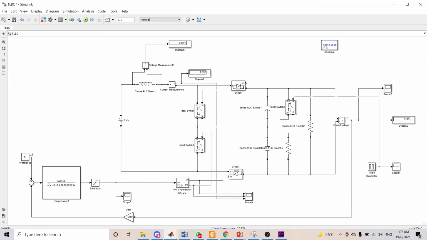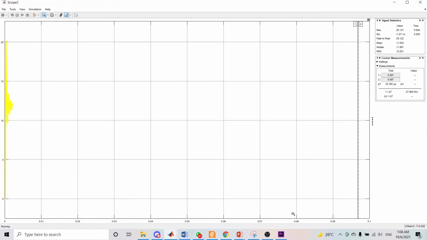This is the load disturbance that I already added every 0.02 second. On every 0.02 second there will be a feedback action from the type 3 compensator, and it reaches steady state again.